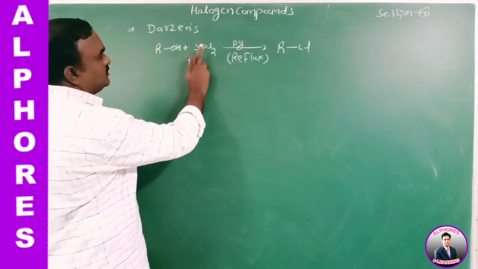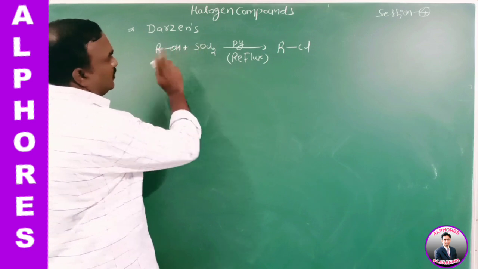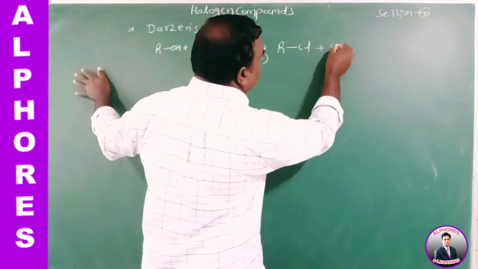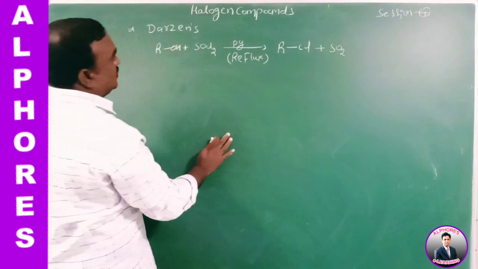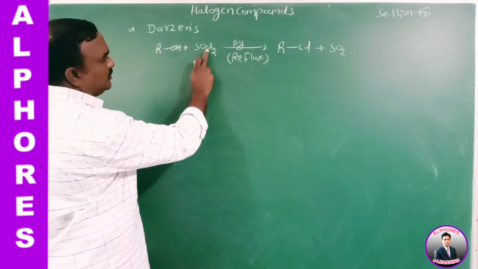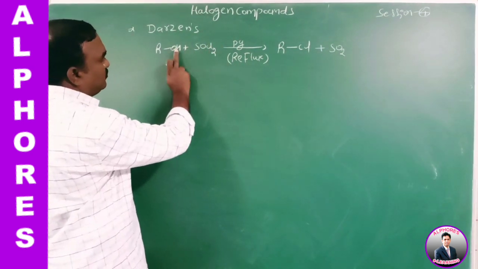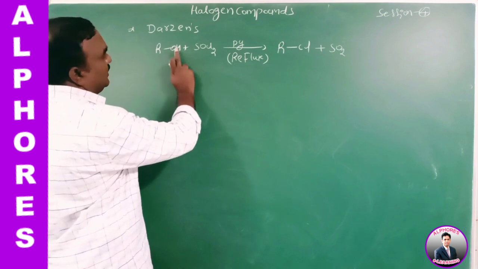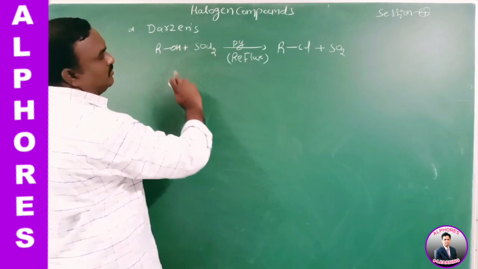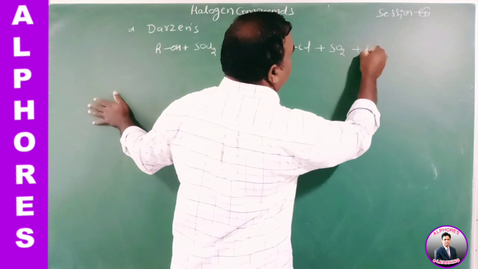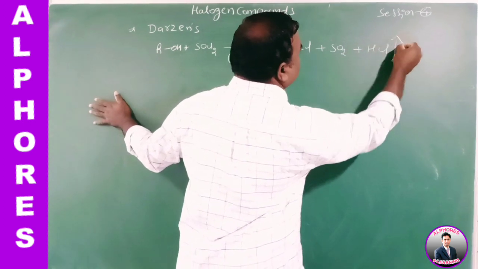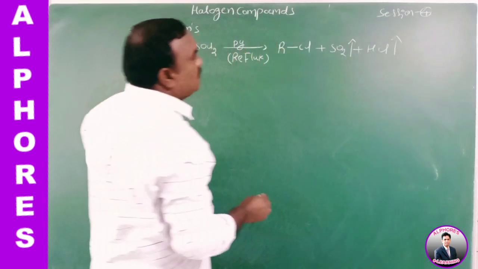Remaining how many oxygens? 1. Here how many oxygens? 1. Form the sulfur dioxide. Remaining how many halogens? Here 1. Remaining how many hydrogens? Here 1. HCl, hydrochloric acid.